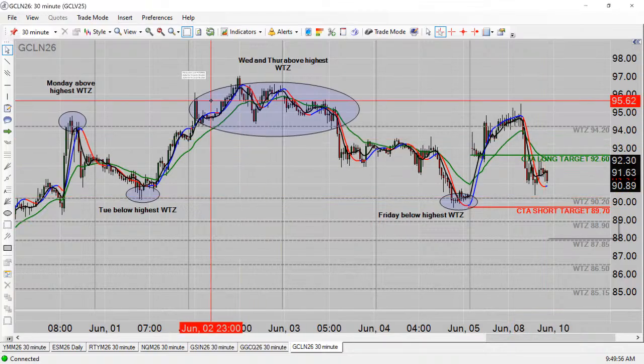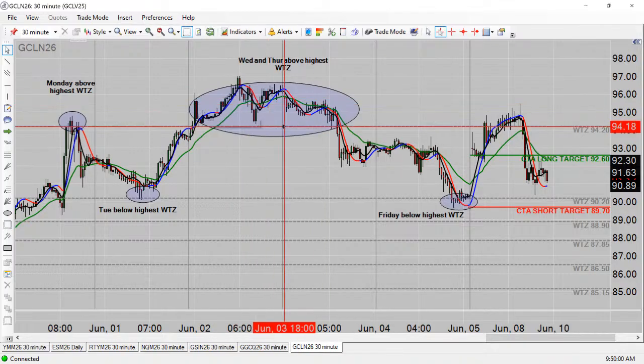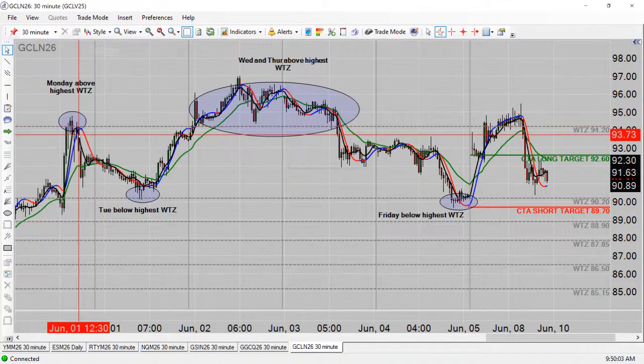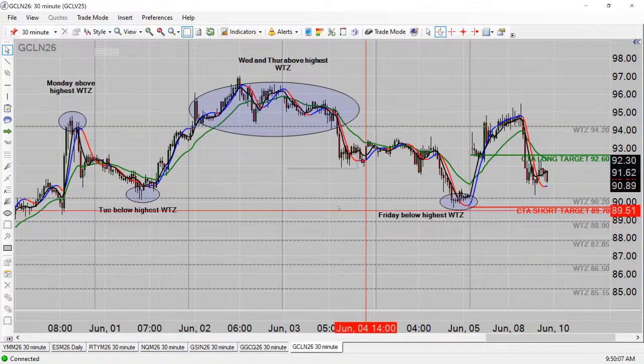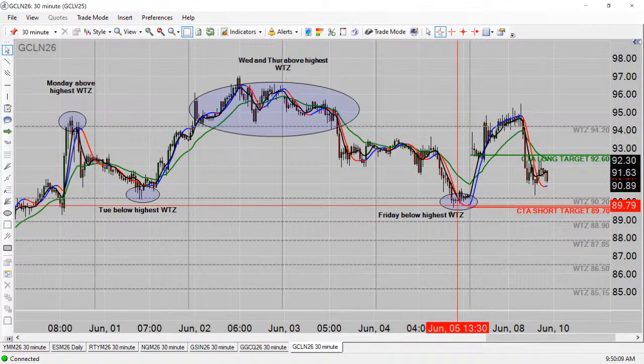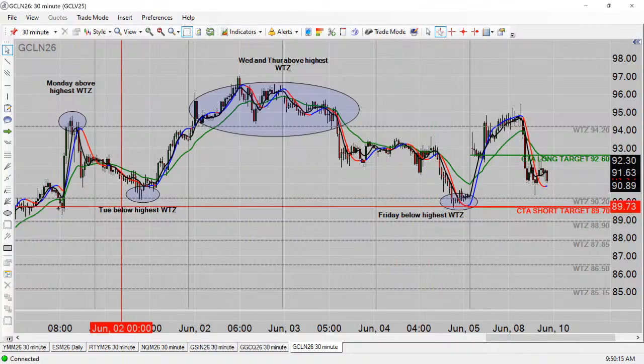Now, we're not really pattern recognition people, but if we were, that's certainly a head. There's a left shoulder, there's a right shoulder. And the neckline, I would have to say, is from that low, right where the CTA short target is, over to here.